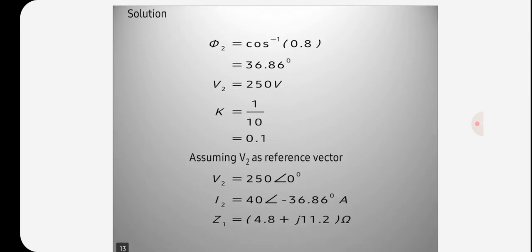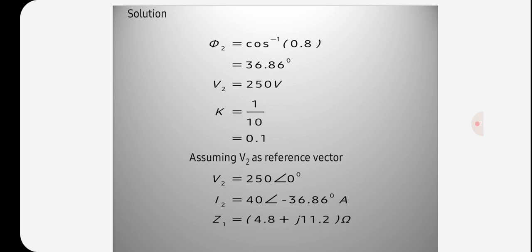So in this they given phi 2 is equal to cos inverse of 0.8, that is equal to 36.86 degrees. V2 is equal to 250 volts and K is equal to 1 by 10, that is equal to 0.1.